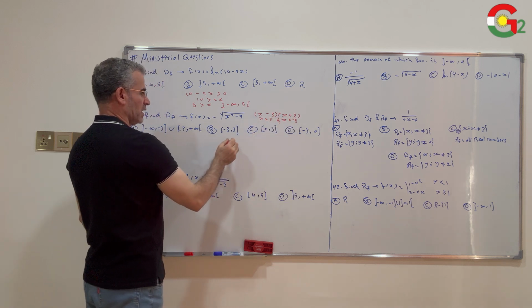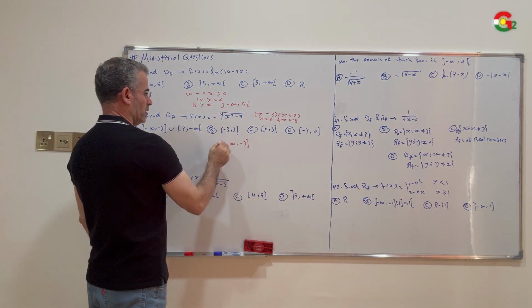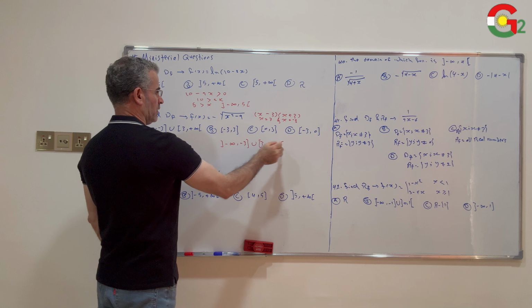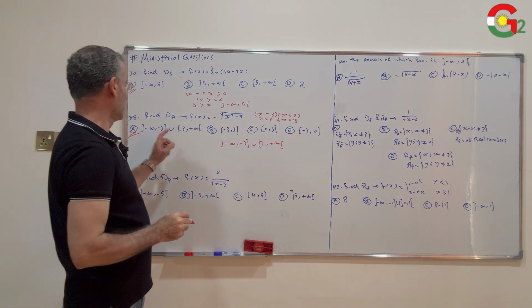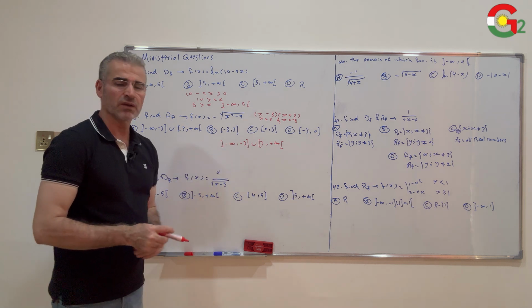Then the domain is negative infinity to negative 3, union 3 to positive infinity. It is choice number A.